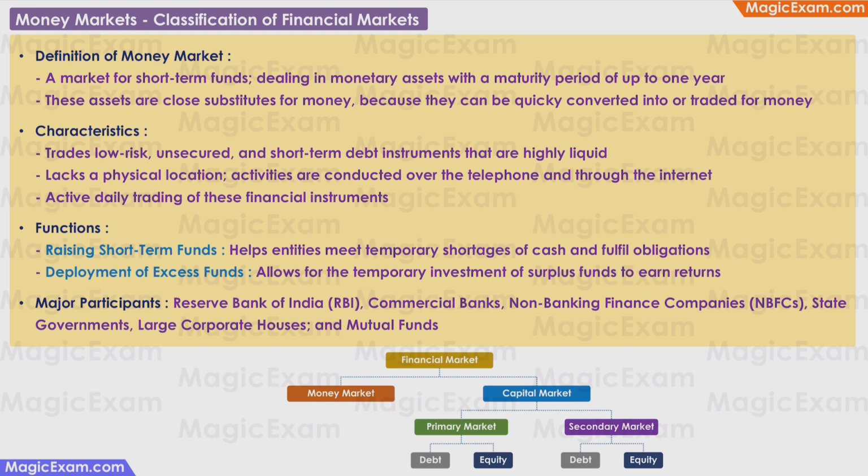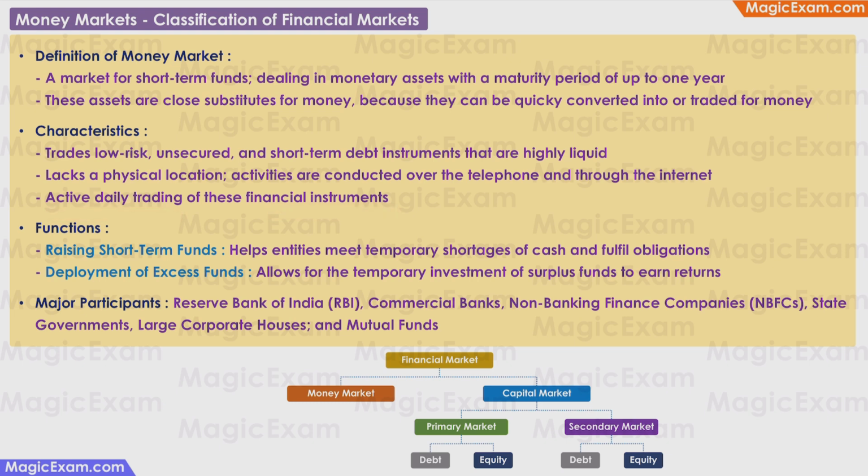Trades in the money market are generally low risk, they are unsecured, and these short-term debt instruments are highly liquid, which again means that they can be easily converted into cash. There is no specific physical location for money markets, unlike a specific stock exchange. And the activities of the money market are usually conducted over the telephone or through the internet. And there is active daily trading of these financial instruments in the money market.